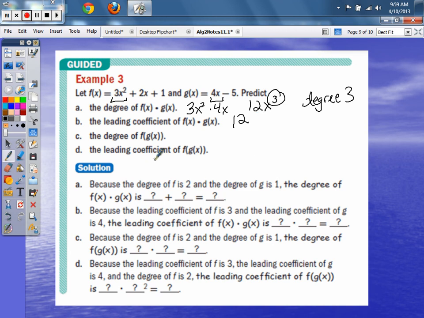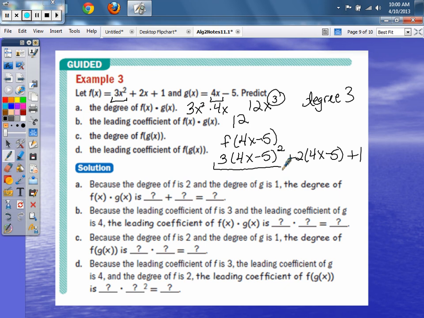The degree of f of g of x, I'm actually going to write this down. F of 4x minus 5 tells me to go to function f and plug this in. There's no reason to take it all the way out and simplify it though. (4x minus 5) squared plus 2 times (4x minus 5). Truthfully, there's no even reason to write all this down because everything that I need is going to be right here up front.